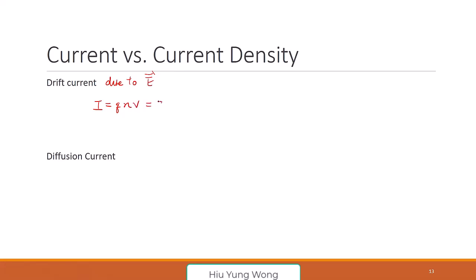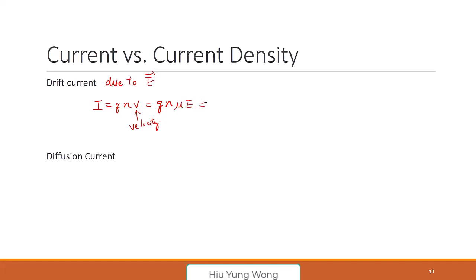And what is the velocity? Can someone tell me how you relate velocity to the electric field? We learned that last time. The mobility times electric field. Thank you. Velocity is equal to mobility times electric field.